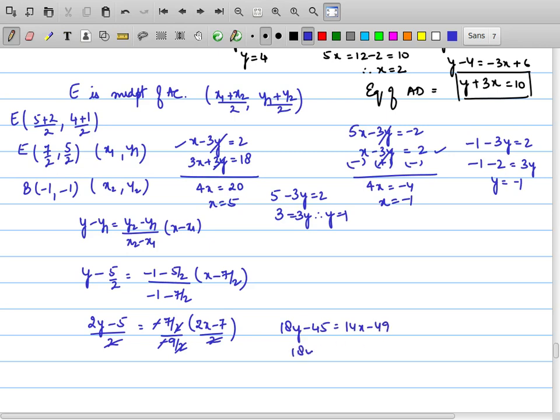So 18y is equal to 14x, 45 goes on the right side, it becomes minus 4, or 18y plus 4 is equal to 14x, 2 can be reduced, 9y plus 2 is equal to 7x. This is the equation of the median through B.